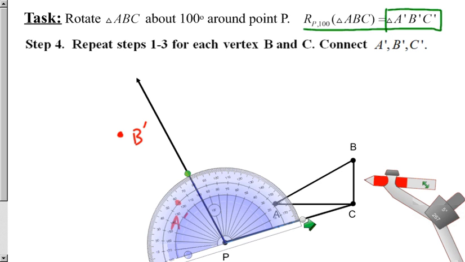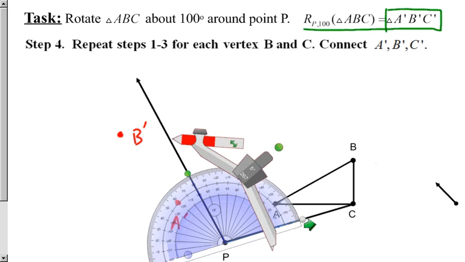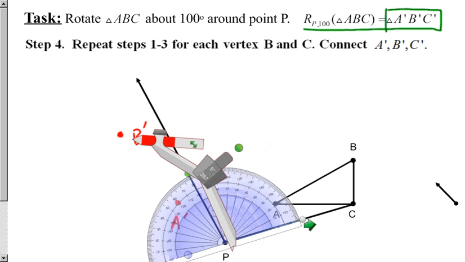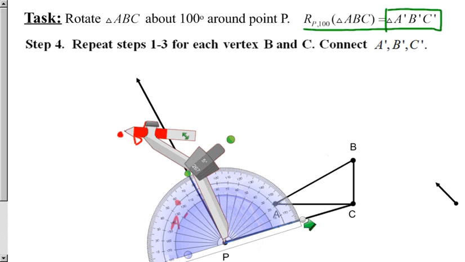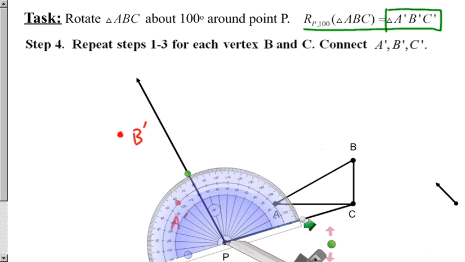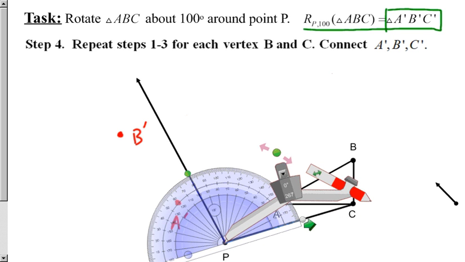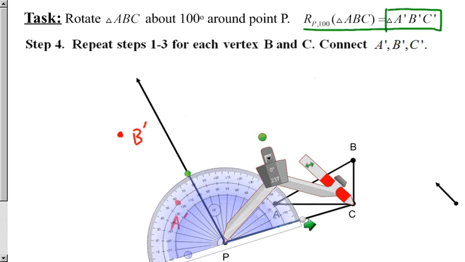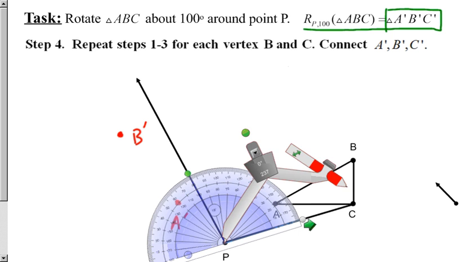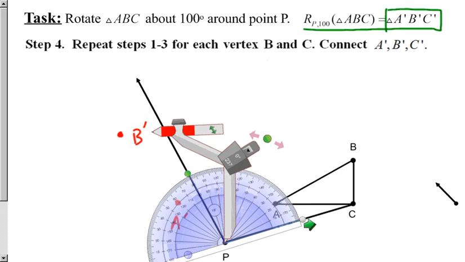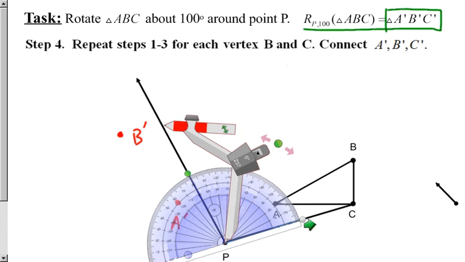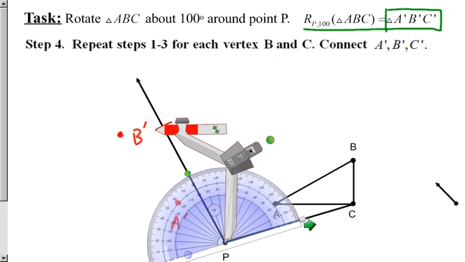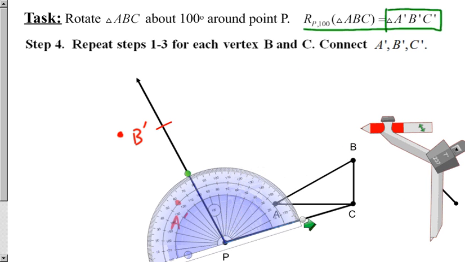And then I'm simply going to copy the line segment P to C onto the new line, which will be right there. So let me mark that. And doing so, I have C prime.